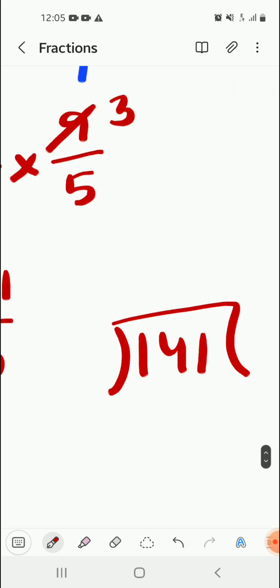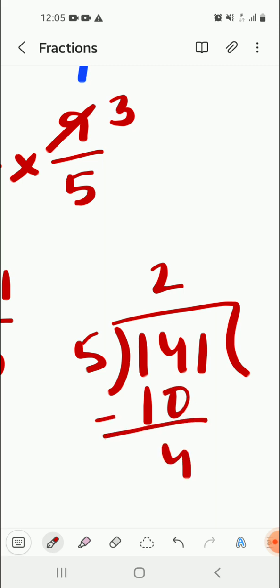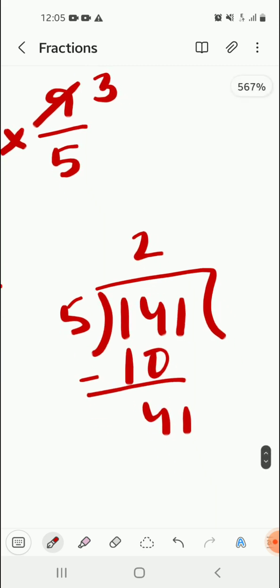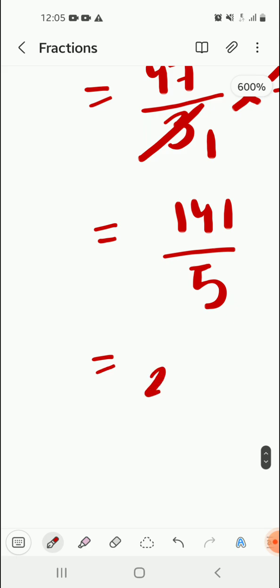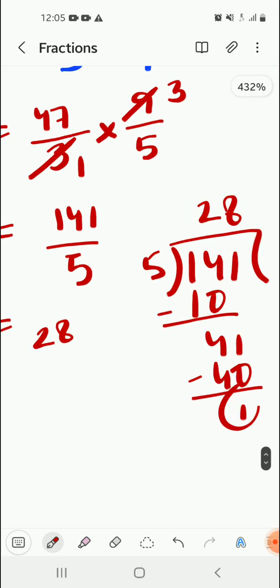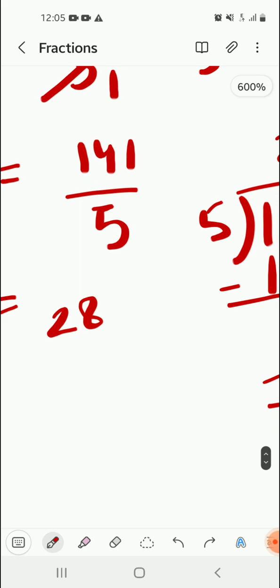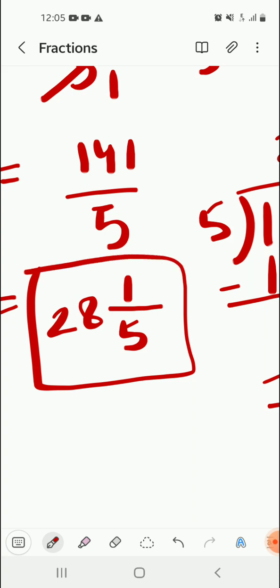So 141 divided by 5, 5 into 2, 10, 4, 1, 5 into 8, 41. Now this 28 becomes my whole number. The remainder 1 becomes my numerator and 5 becomes my denominator. So the answer becomes 28 and 1 by 5.